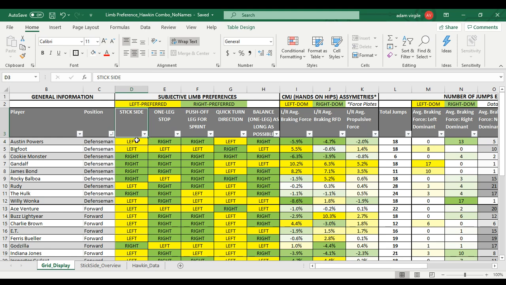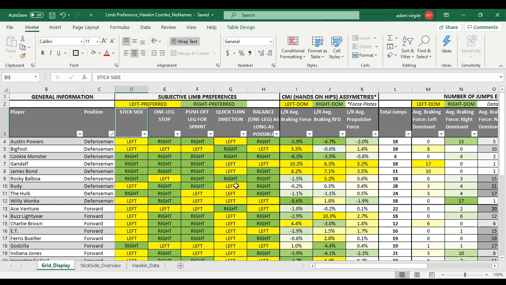So if you're going to make training alterations based on one question that you ask, or especially a question that's unrelated to any task that the athlete actually performs, such as their stick side or which leg they prefer to kick a ball with, that may not be a great guide for all of your training prescriptions.